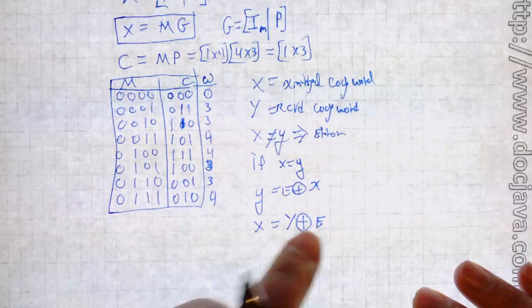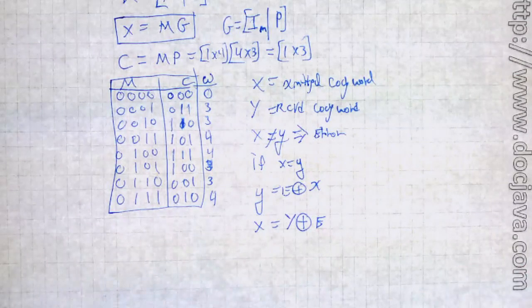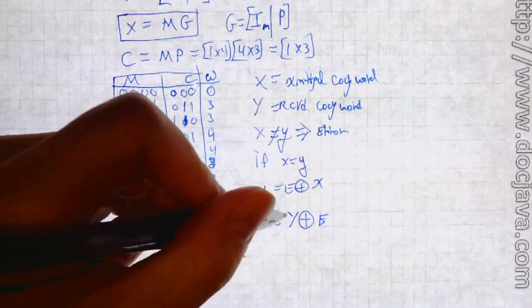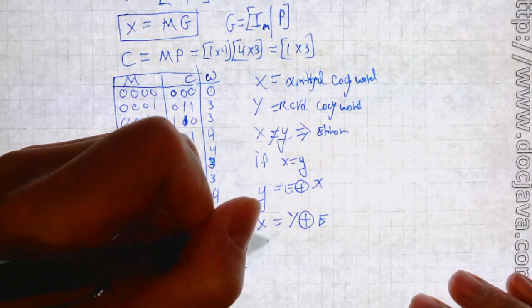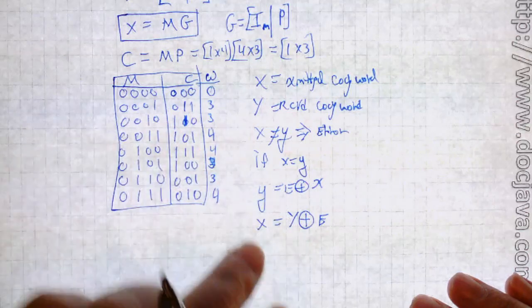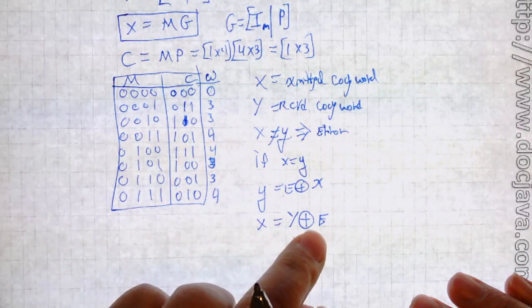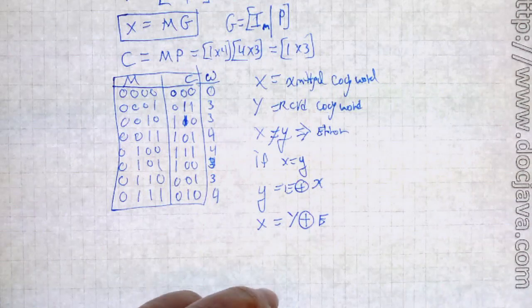And the error is going to flip a bit. And what we're going to do is make it so that we're able to obtain the location of the error by solving for the error using our generator polynomial.